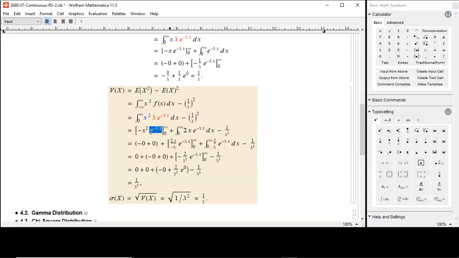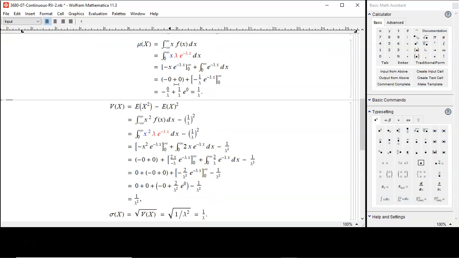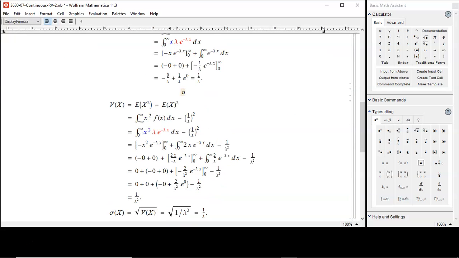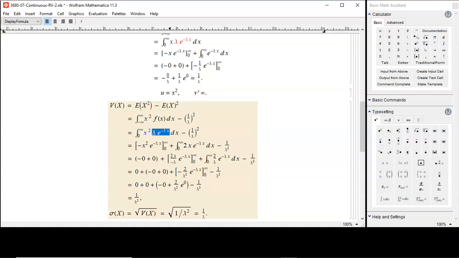So u v, never mind. Why did I erase that thing? u is x squared this time. v prime is lambda e to the negative lambda x. That thing. u prime is 2x. v is negative e to the negative lambda x.